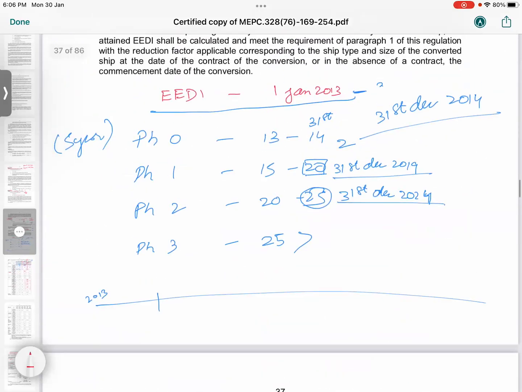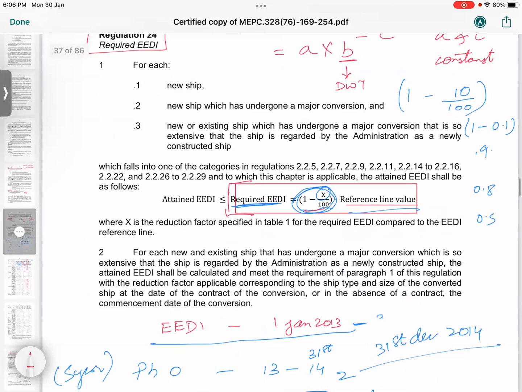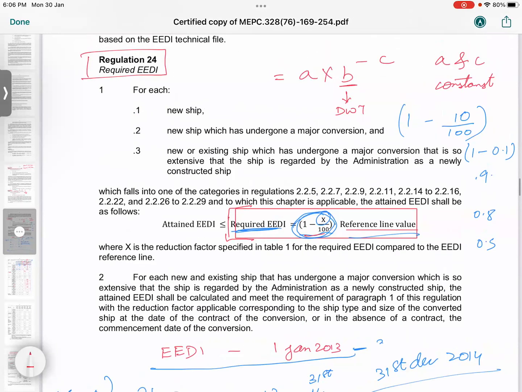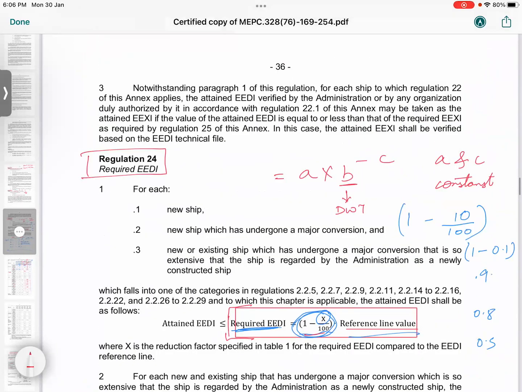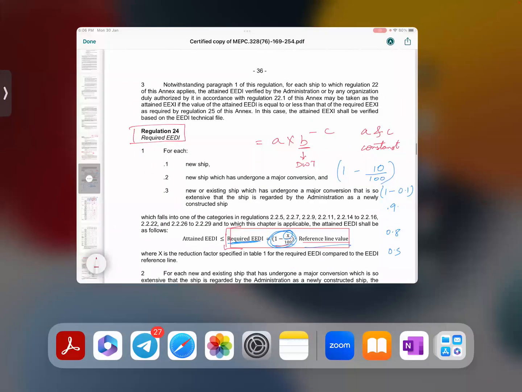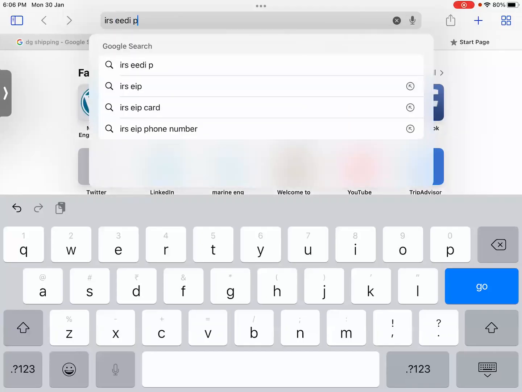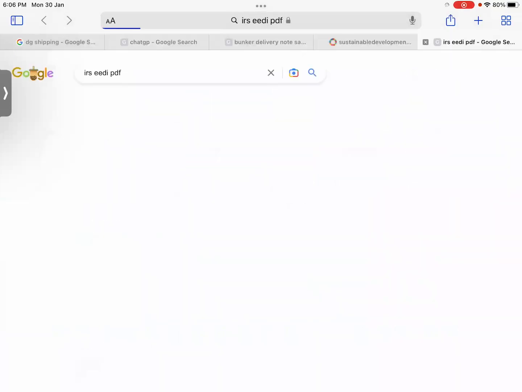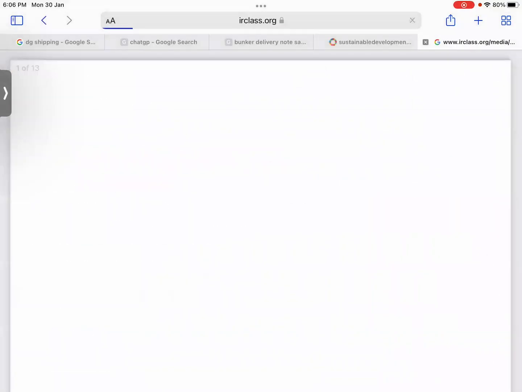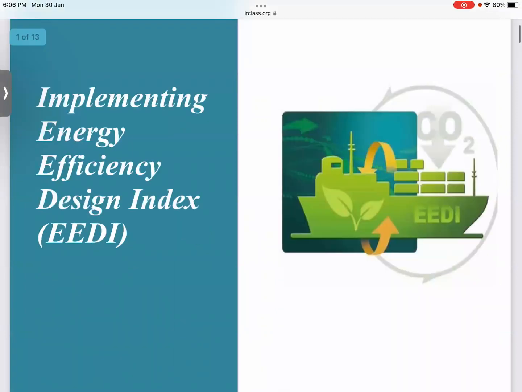Now you have done the required part. Now let's jump on to the attained, means how much you are producing. Basically, what is EDI?